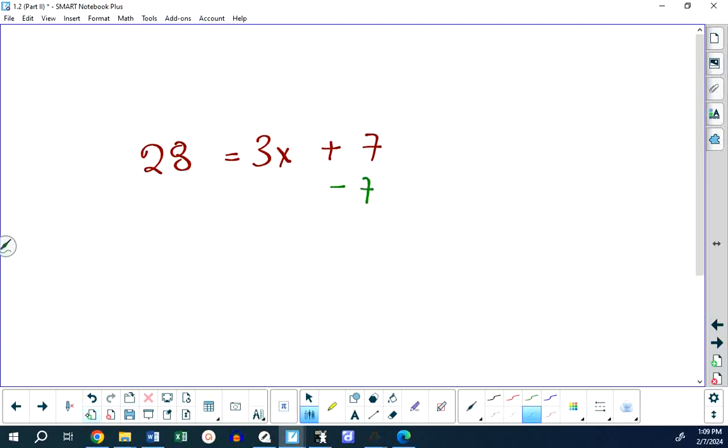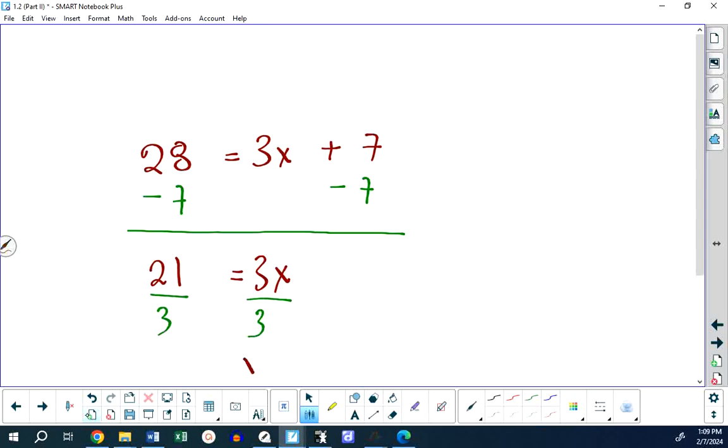You have to subtract 7 from both sides first, giving us 21 equals 3x. And then what would we do to both sides to get x? Elijah, what would we do to get x here? Yeah, perfect. Divide by 3. So now you would divide both sides by 3, and we end up with x equals 21 over 3, which is 7. Okay? That's how you solve these types of equations.